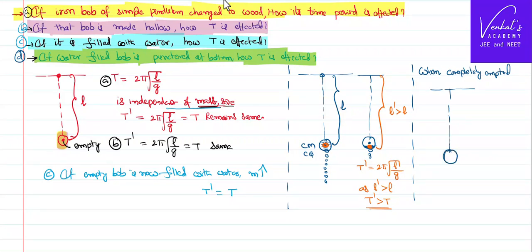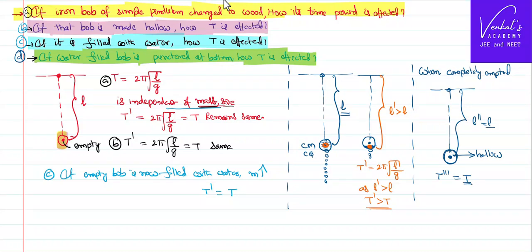This is the bob. It is empty, that means this is hollow. The hollow bob will have its center of mass again at the center. So the length L double dash will be back to the original length L itself. So the new time period will be equal to the original time period itself.